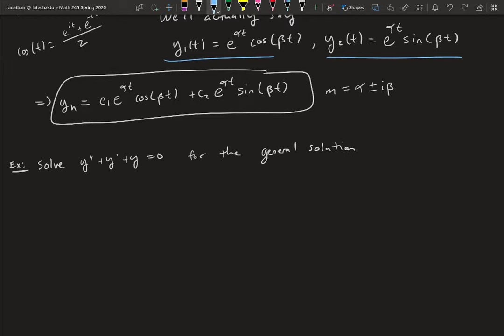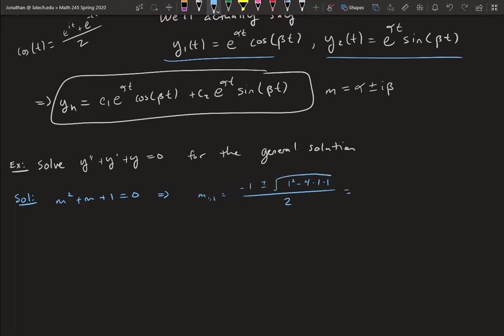So find the general solution. We get m squared plus m plus 1 equals 0. We'll go straight to the characteristic equation. And let's see, that's going to be m 1 and 2 equals negative 1 plus or minus the square root of 1 squared minus 4 times 1 over 2, just using the quadratic formula.